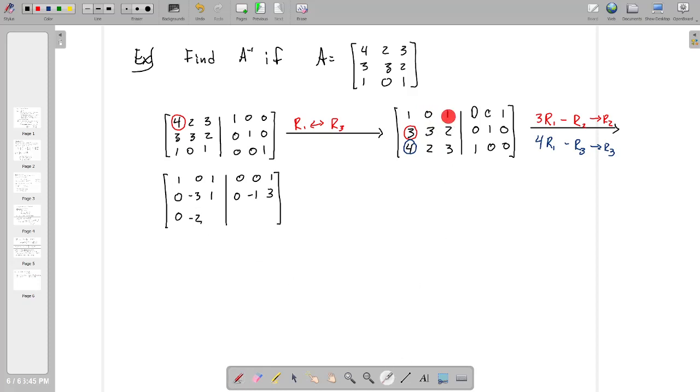Next, 4 times 1 is 4. 4 minus 3 is 1. Then 4 times 0 is 0. 0 minus 1 is negative 1. 4 times 0 is 0. 0 minus 0 is 0. 4 times 1 is 4. 4 minus 0 is 4.